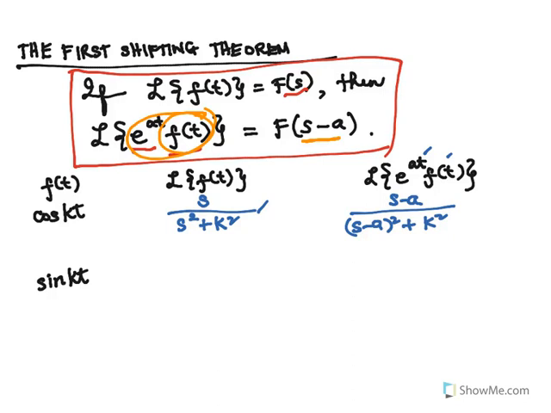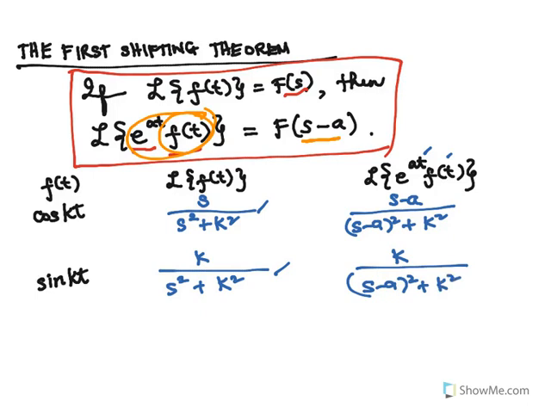Likewise, if we have sine kt, the Laplace transform is k all over s squared plus k squared. If you want to take the Laplace transform of e to the at times sine kt, you will just have to evaluate this at s minus a. So you'll have k all over s minus a squared plus k squared.